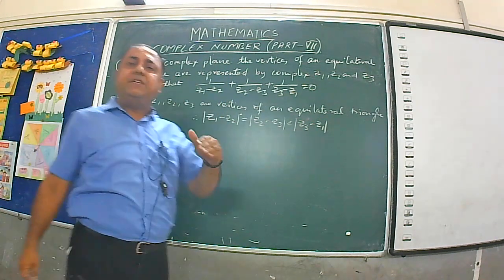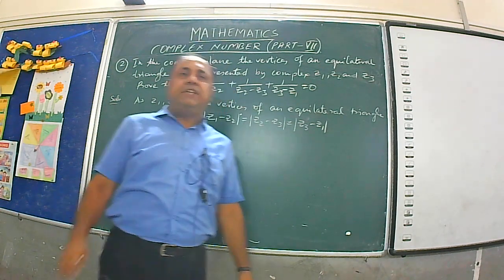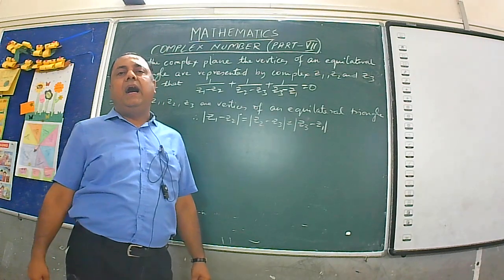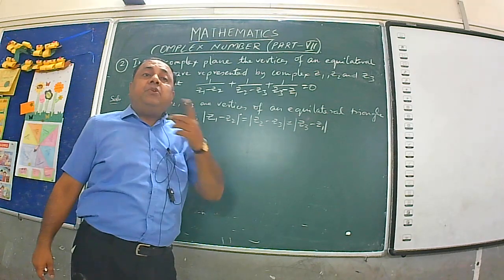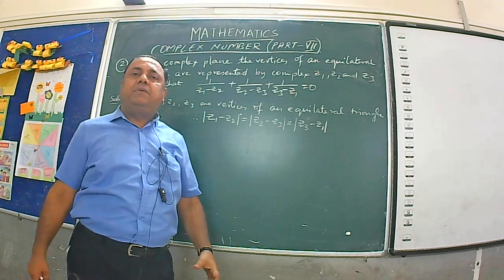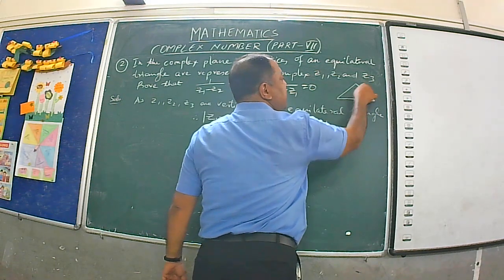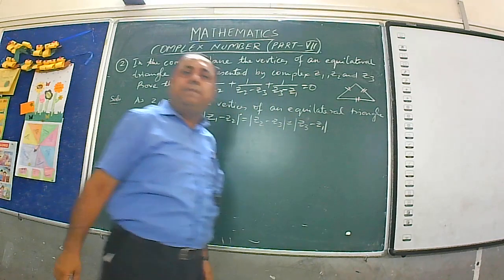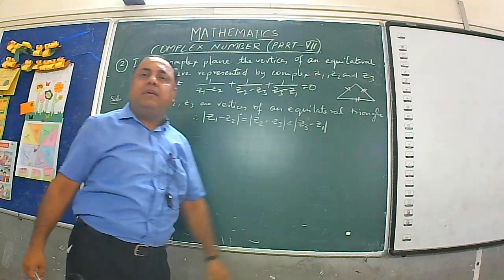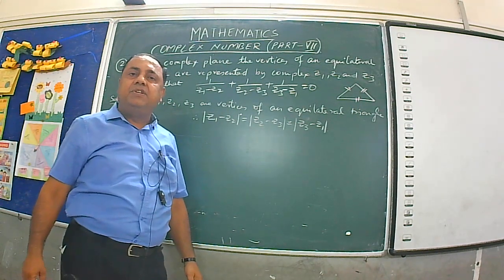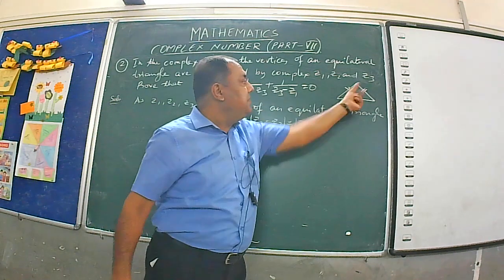This is the very basic step. When the triangle is equilateral, all three sides are equal, and if Z1, Z2, Z3 are the vertices, then definitely the modulus of each of these is equal.